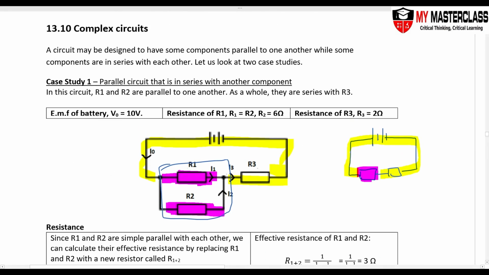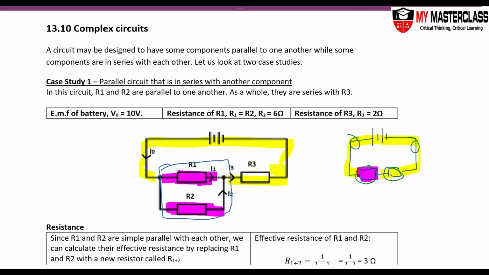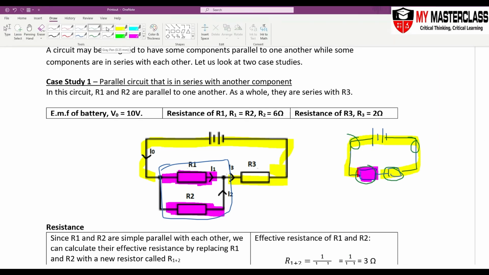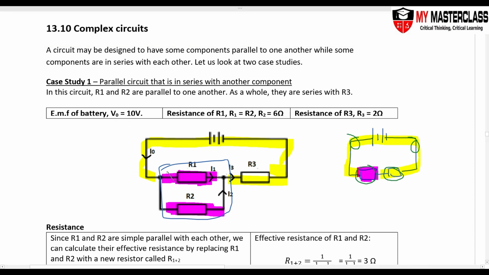So the current across this whole thing will be equal to the current in the rest of the circuit. But if we looked at it as a parallel component, then the current here and the current here would be different. So we won't be able to relate it back to, say, this current. But this current is equal to the sum of this current, which is over here, and the current here.